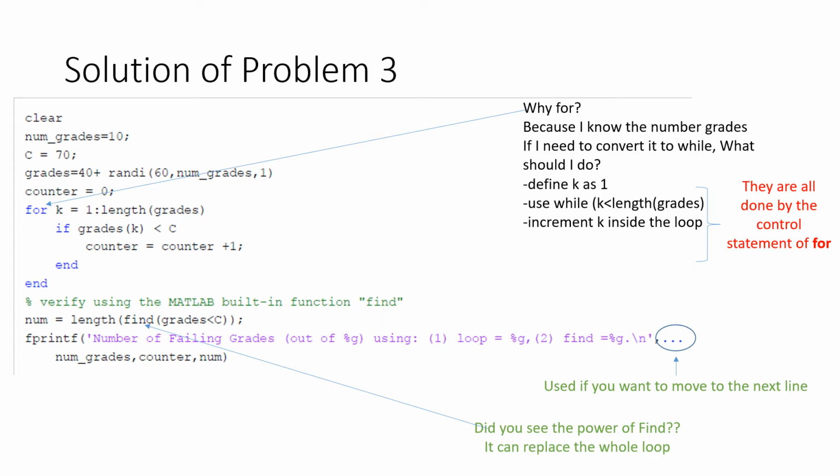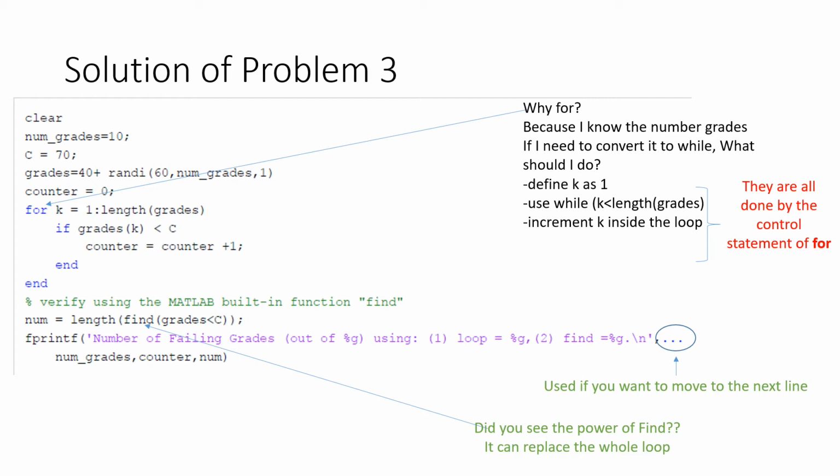Of course, I can use find without any need of a loop. Find is a very powerful built-in function. So you can see here, if I use find, I should say find of grades less than C, and this find will give me the indices of the elements that are less than C. Now how to count them?